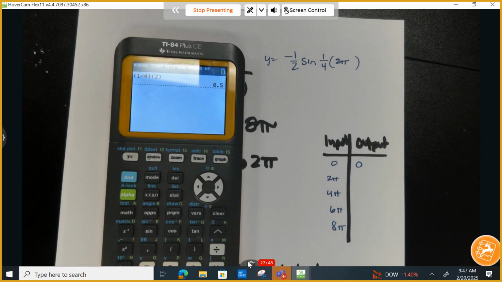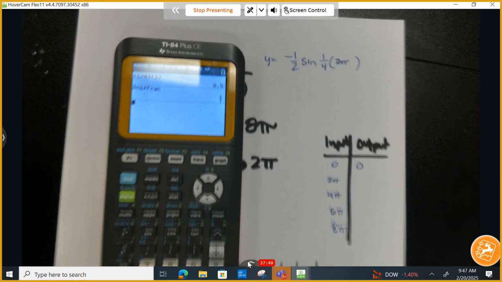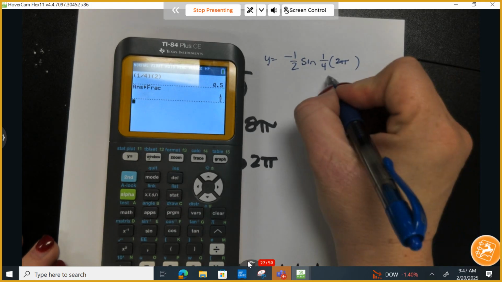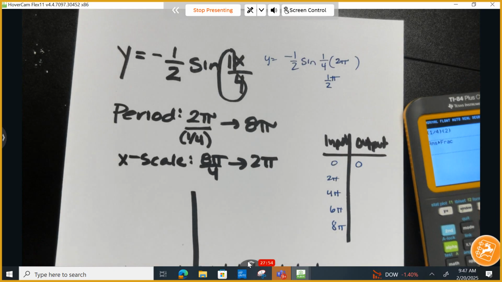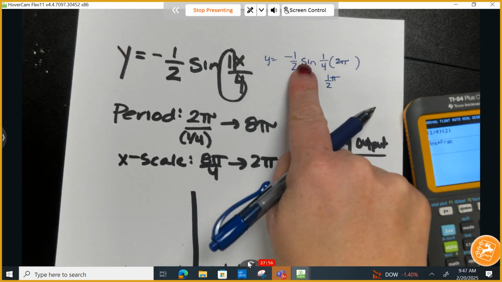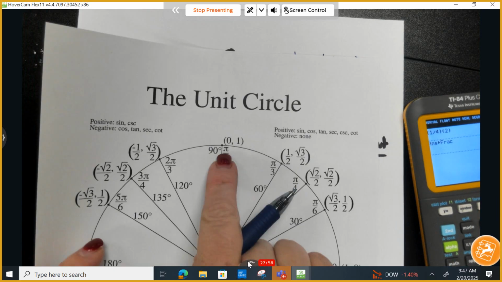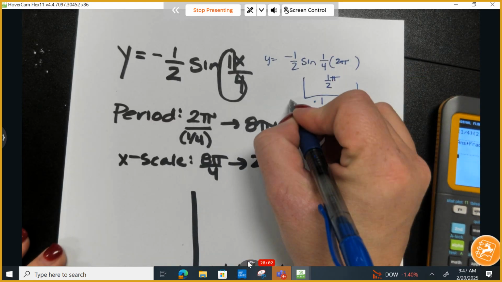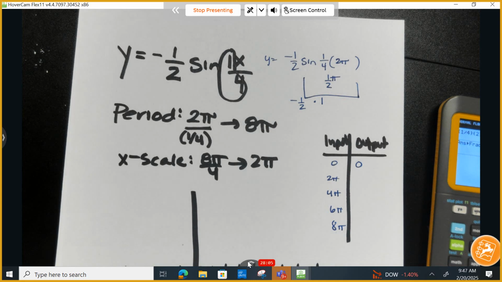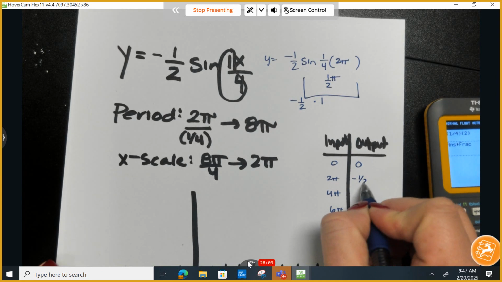If I get a decimal, I'm going to turn it back into a fraction. So can everybody please go and find 1 pi over 2, also known as just pi over 2. What is the sine at pi over 2? It's 1. So this portion equals 1. But now I need to take it times a value up front. Negative 1/2 times 1 is negative 1/2.